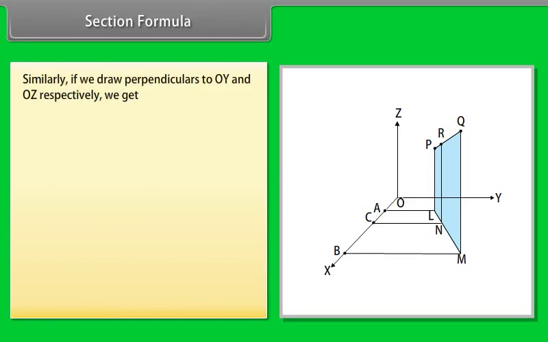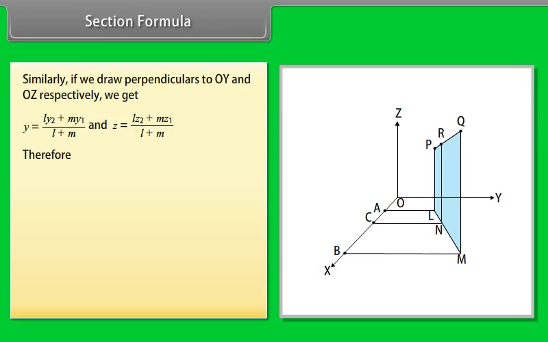Similarly, if we draw perpendiculars to OY and OZ respectively, we get y is equal to (l y2 plus m y1) divided by (l plus m) and z is equal to (l z2 plus m z1) divided by (l plus m).